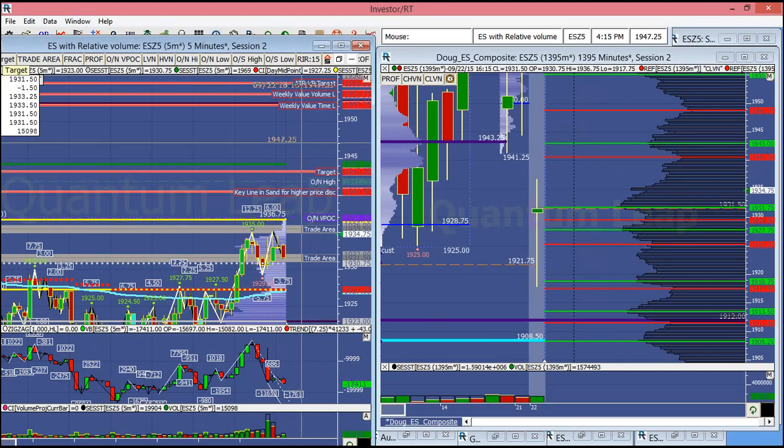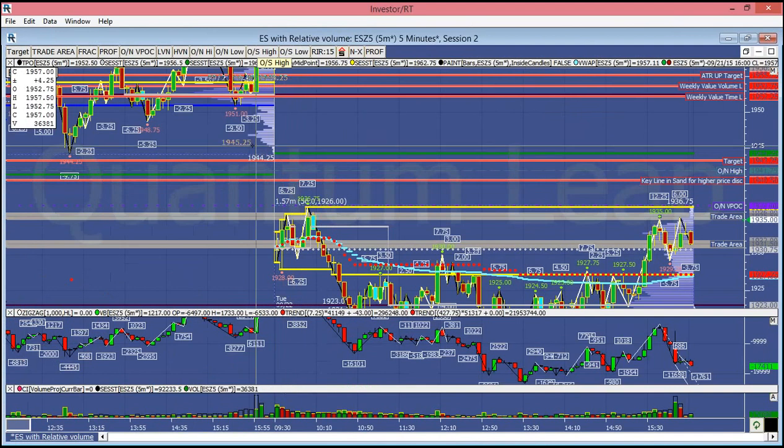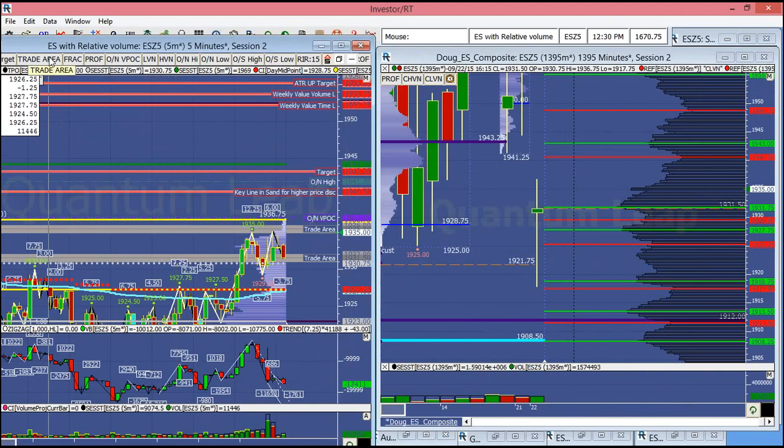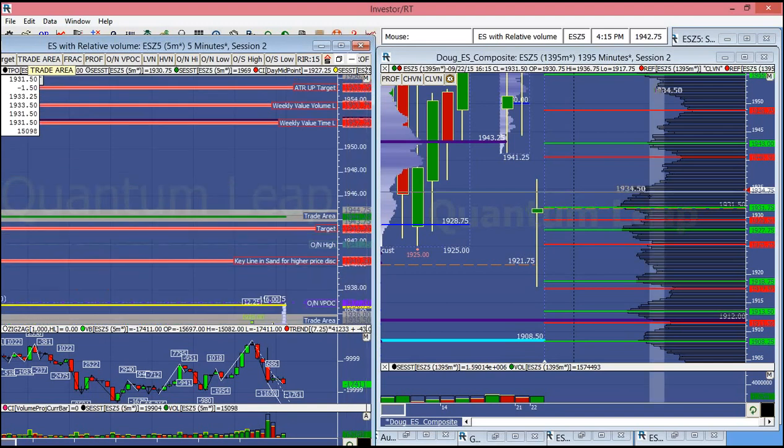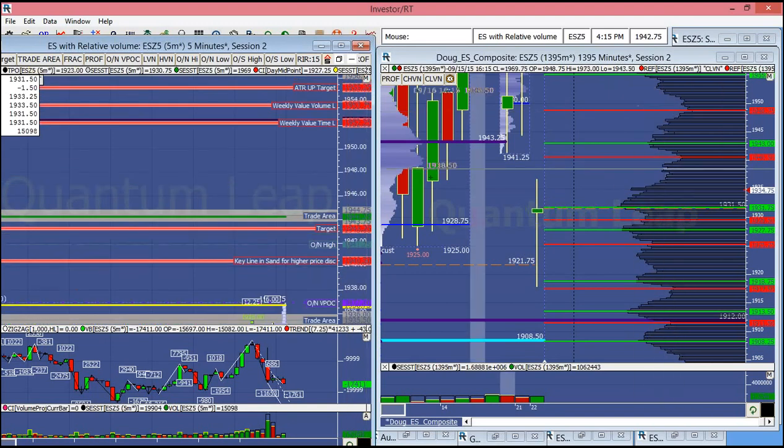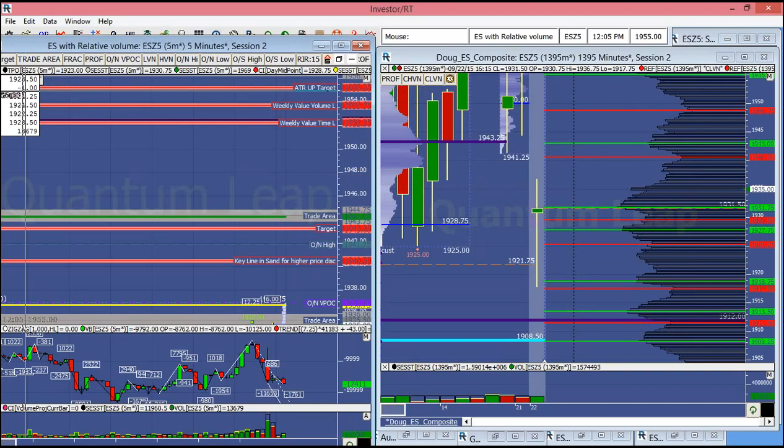And then you've got that range low from Monday at 44 and a quarter. I'm going to use that as a trade area. And above that, then I'm looking for a bigger move up into this 48.75.